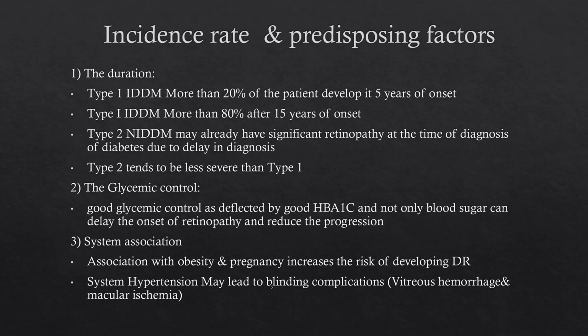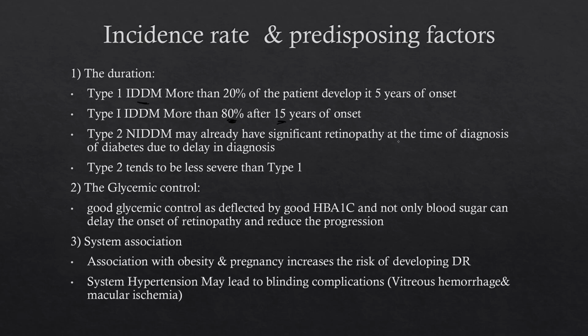Now, does it matter if the patient is type 1 or type 2? Yes, it does. If the patient has type 1, 20% develop it after 5 years of onset, and 80% develop it after 15 years of onset. This means there will be the start of some complications of diabetic retinopathy.